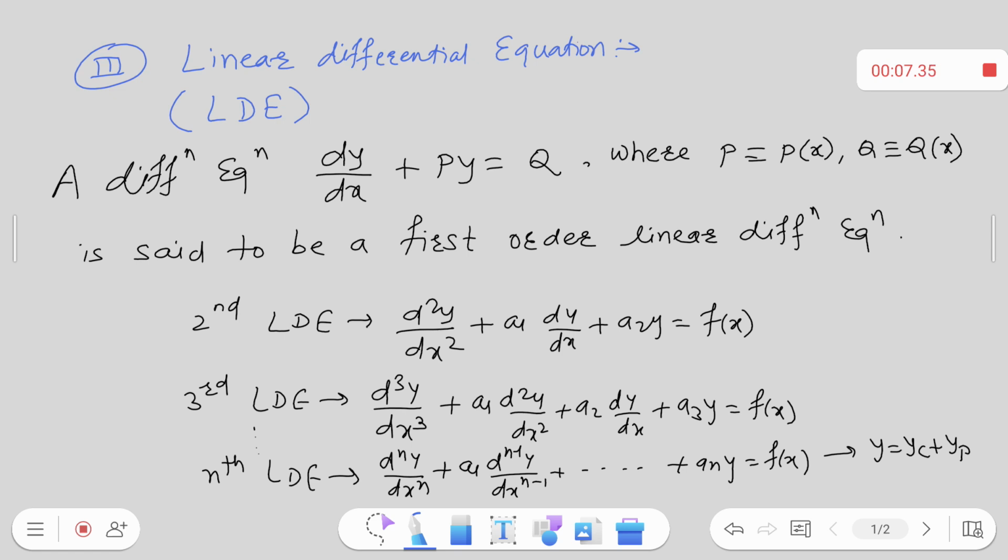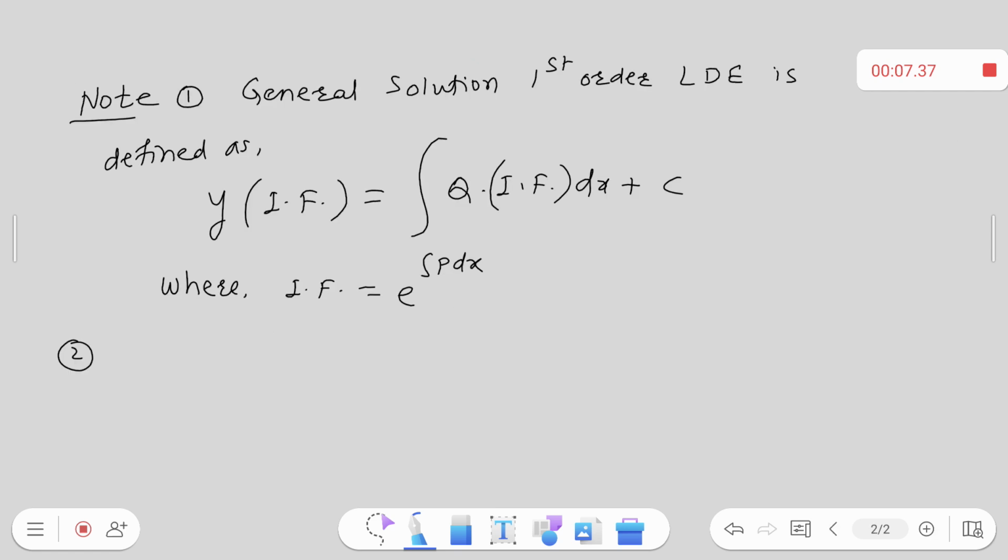So, second note: if the role of variable is changed, then we may get one more linear differential equation.